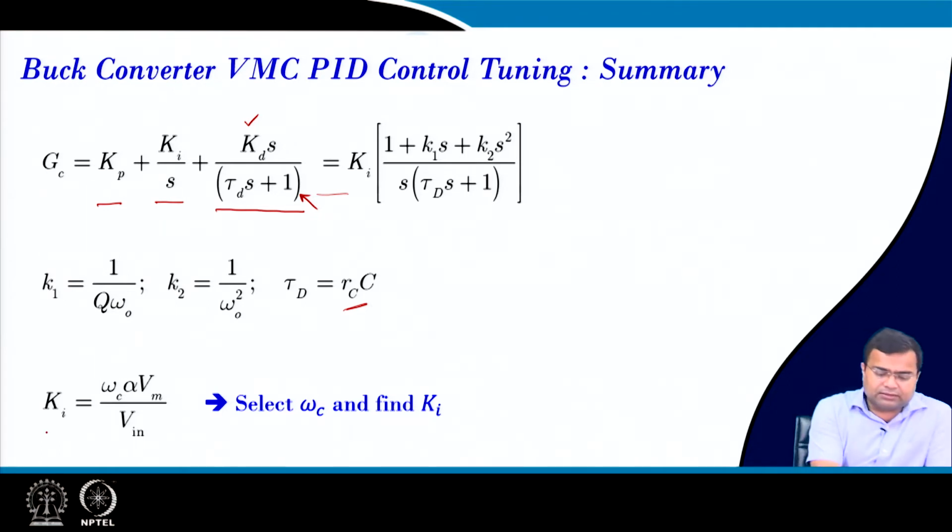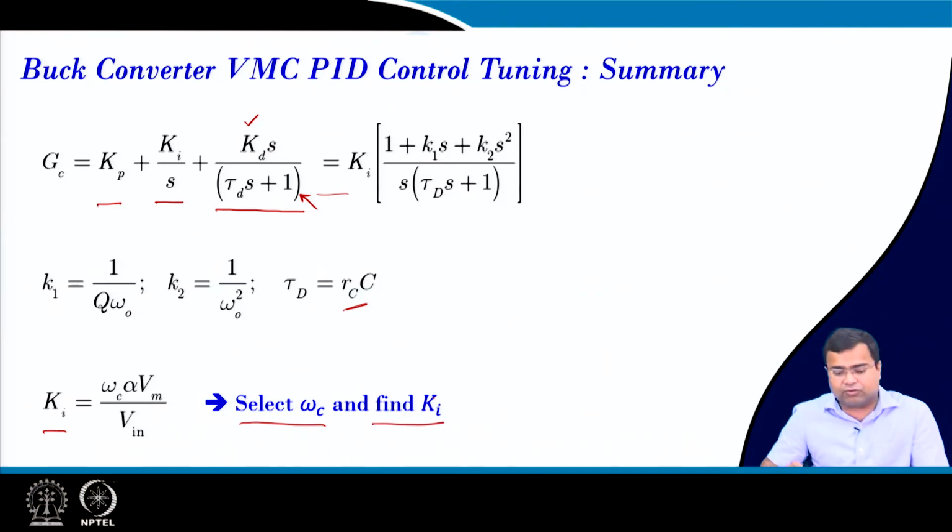Then the Ki, after this pole zero cancellation compensation, will be omega C alpha Vm by Vn, and we need to select the crossover frequency, and then we can find out the integral controller gain.